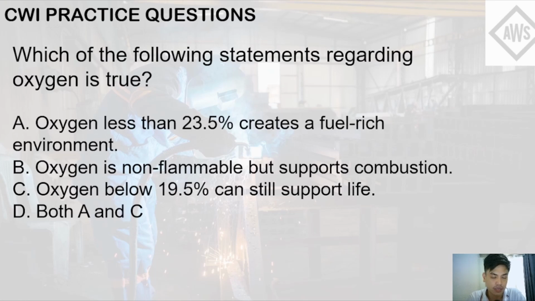So let's explain each. Letter A, oxygen less than 23.5% creates a fuel-rich environment. Actually, if it is above 23.5%, it will create a fuel-rich environment.